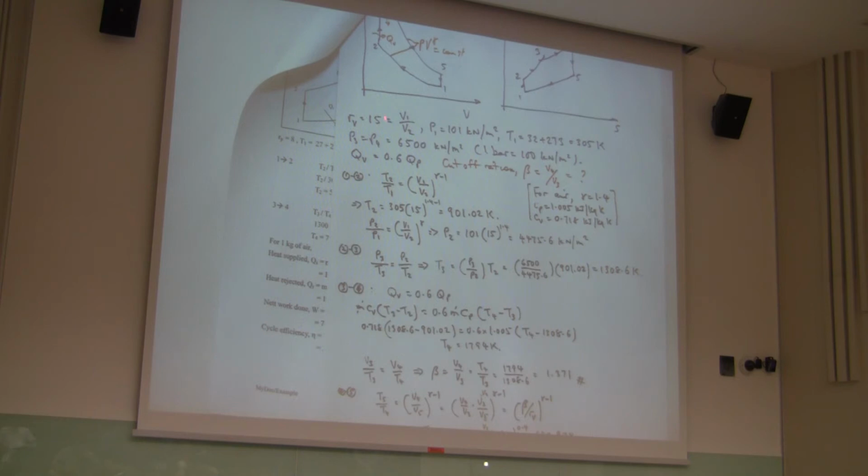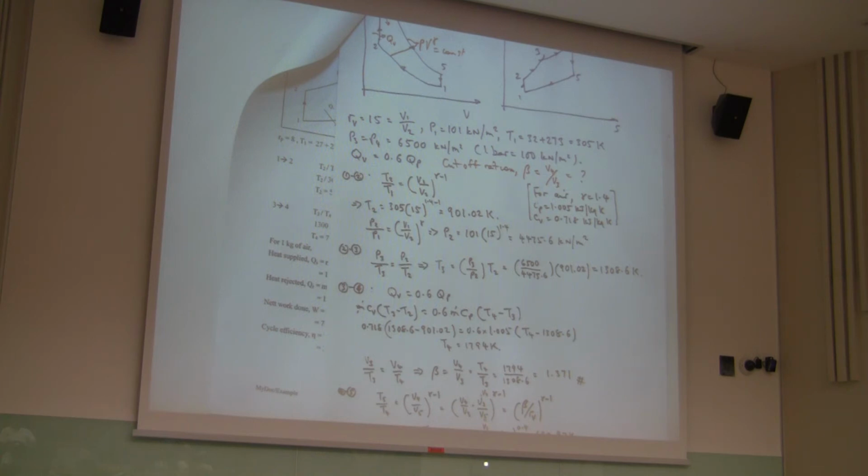One bar is 100 kilonewton per meter square, so don't use 65 bar. Change it to kilonewton per meter square. So it must be consistent, temperature must be Kelvin, and so on. Otherwise, the answer will become meaningless, just a lump of nonsense, because they are not consistent.